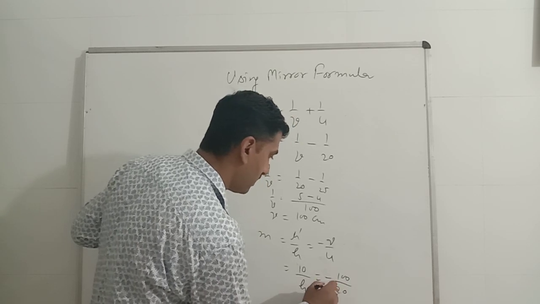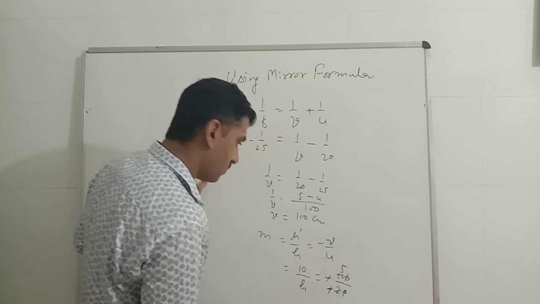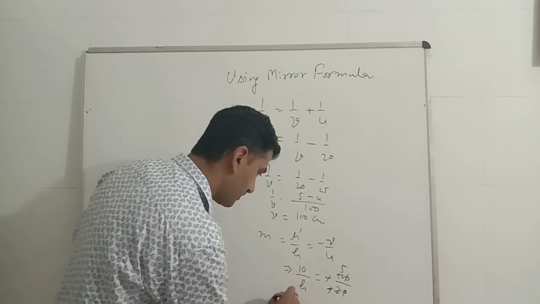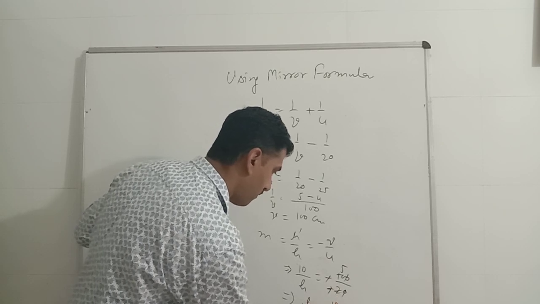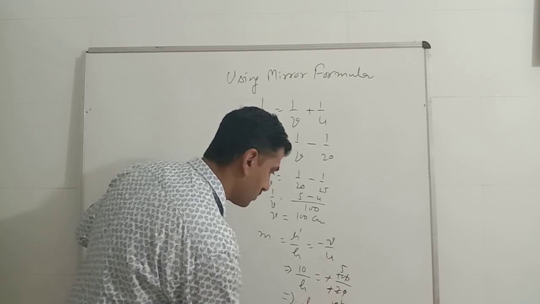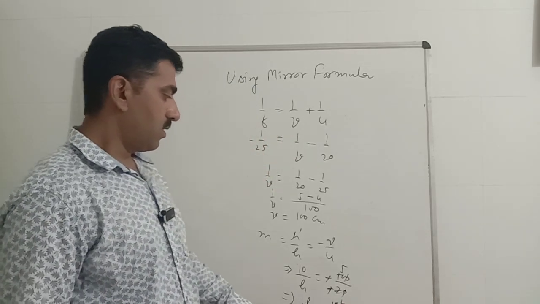The negative sign will cancel out, which implies h is equal to 10 upon 5, so h is equal to 2 centimeters. So 2 centimeter is the height.